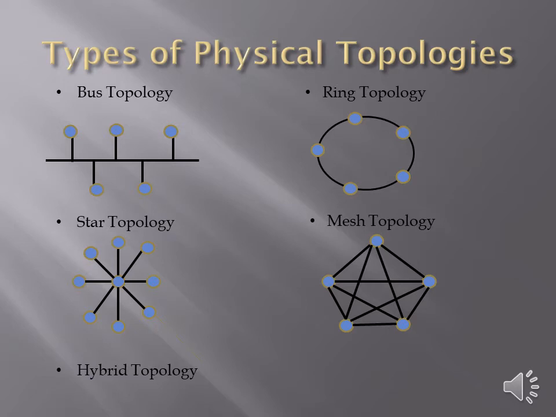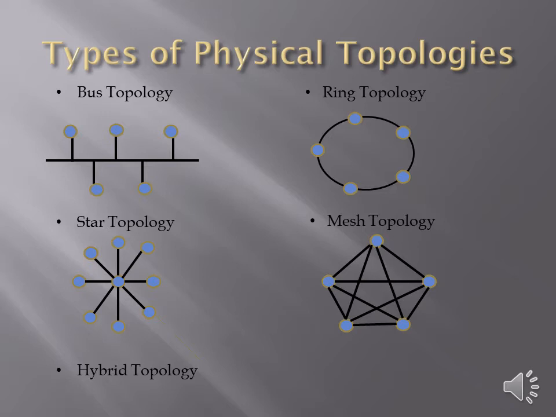Types of physical topologies. There are different types of physical topologies like bus topology, ring topology, star topology, mesh topology, hybrid topology. You can see in the figure that in bus topology, all the nodes are connected to the single cable. Ring topology is like a circle and it has connected ends.